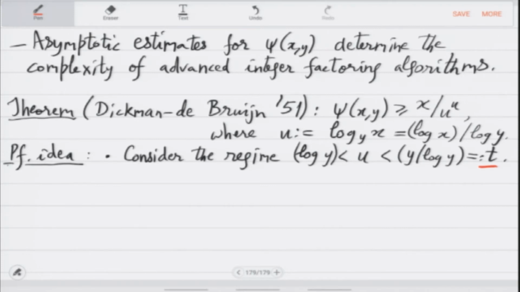Now the proof idea is very simple. You consider the primes that are less than or equal to y.